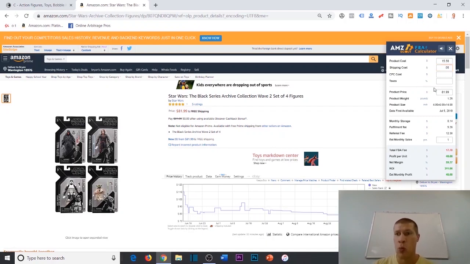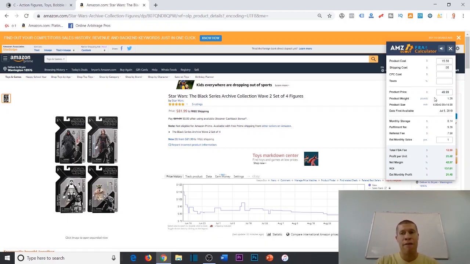So then what's my potential profit margin if I sell it for $81.99? My potential profit margin is a little under $50 right here. It's $48.68. Now let's assume the buy box price drops all the way to like $49.99. Well, I'm still making $21.48 a unit.